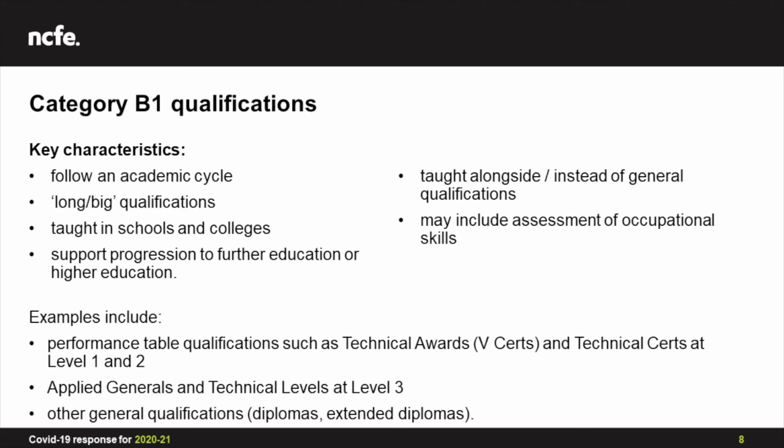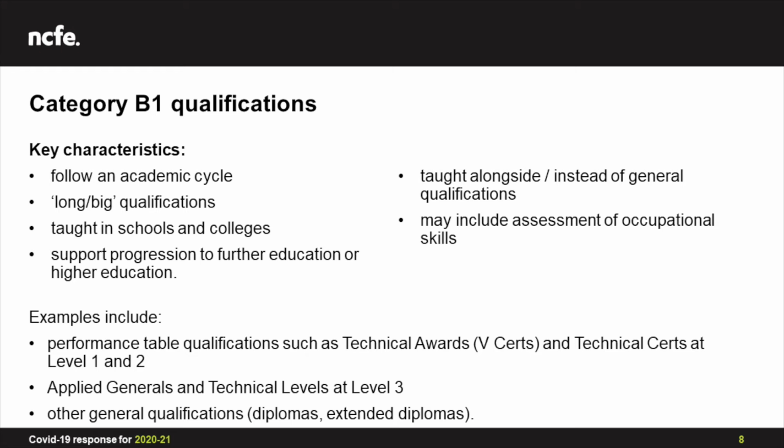So examples of B1 qualifications may include performance table qualifications such as technical awards or FEE certs and technical certificates at level 1 and level 2, applied generals and tech levels at level 3, and other generals including diplomas and extended diplomas.